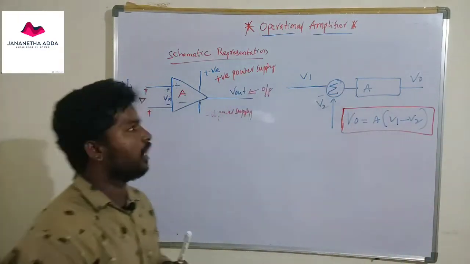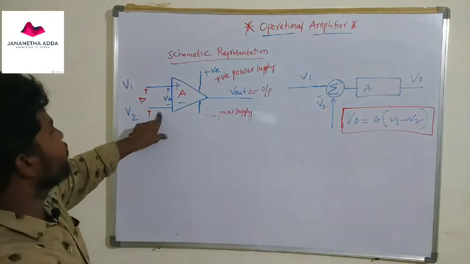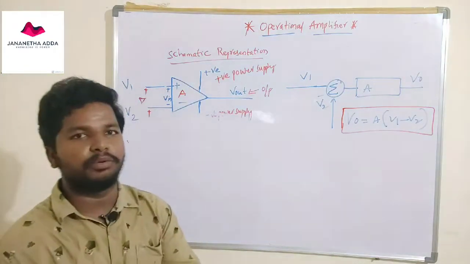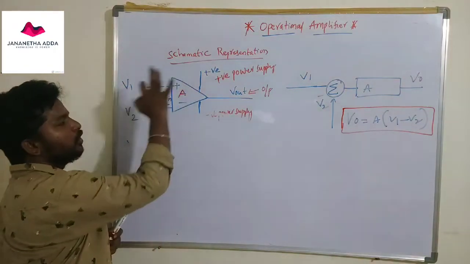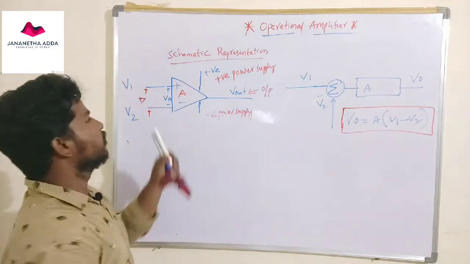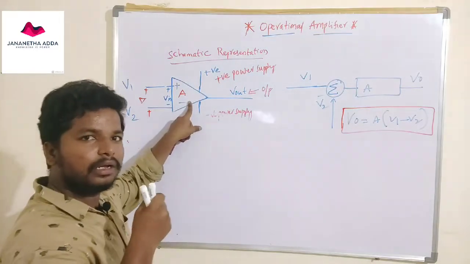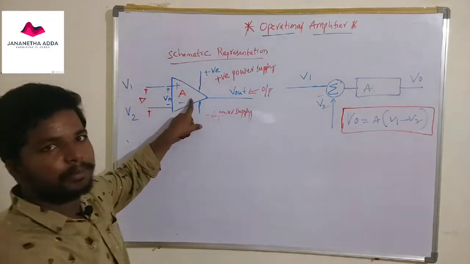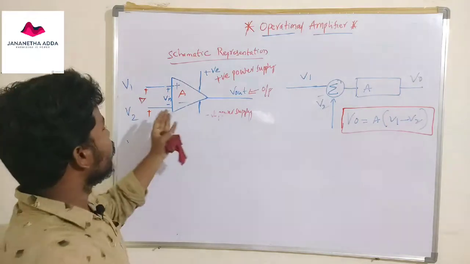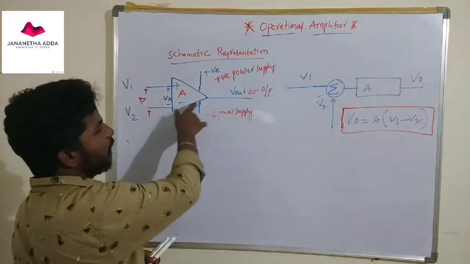This operational amplifier only accepts the difference between the two inputs, which means it accepts only the differential input signal, and multiplies it with the open loop gain, which is ideally infinite but practically 10 to the power of 6 for the μA741 IC.